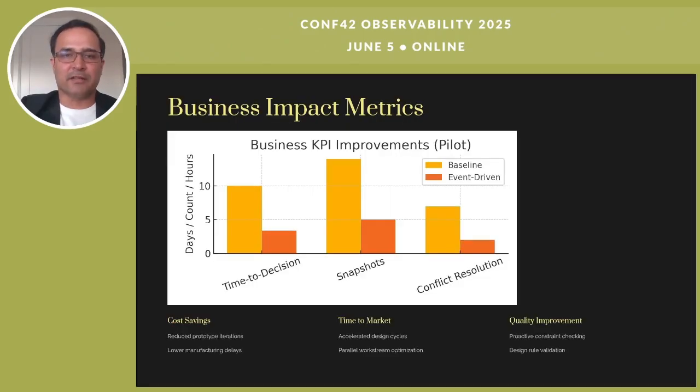On the business side, time to decision, snapshot count, and conflict resolution all improved by 60 plus percent. Less churn means fewer Friday night scrambles, lower NRE spend, and happier engineers, which your HR metrics will confirm, right?